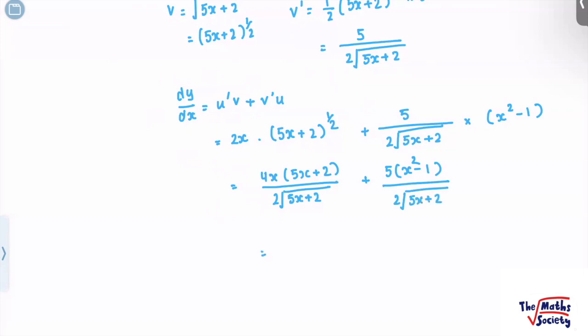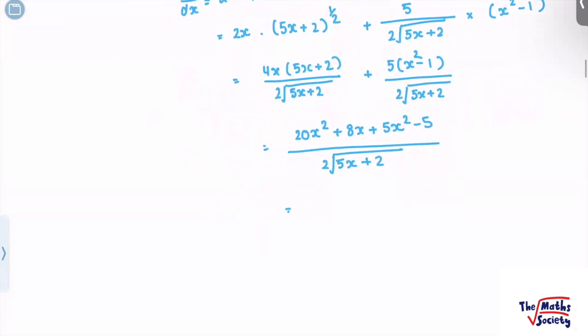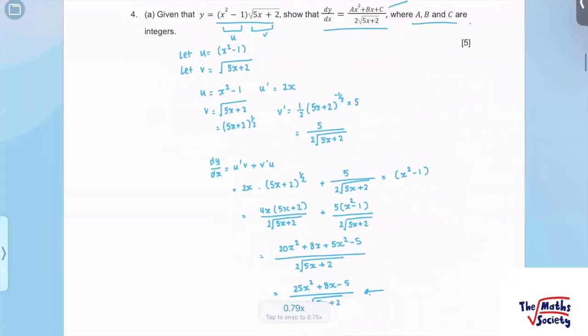So then you're going to multiply them, which you'll get 20x squared plus 8x plus 5x squared minus 5, and the denominator is the same, which is 2 root 5x plus 2. And if you add them, 25x squared plus 8x minus 5 divided by 2 root 5x plus 2. And this is your dy by dx.